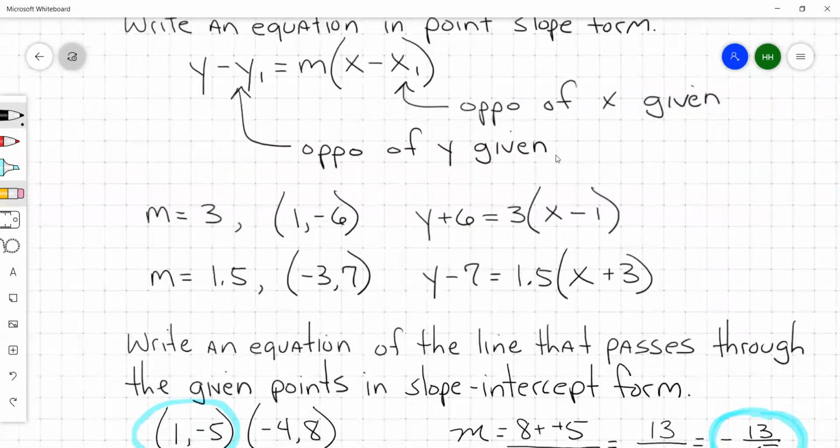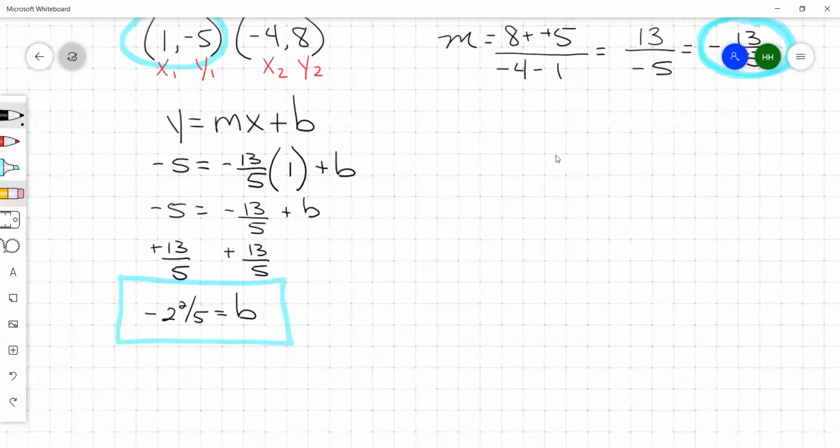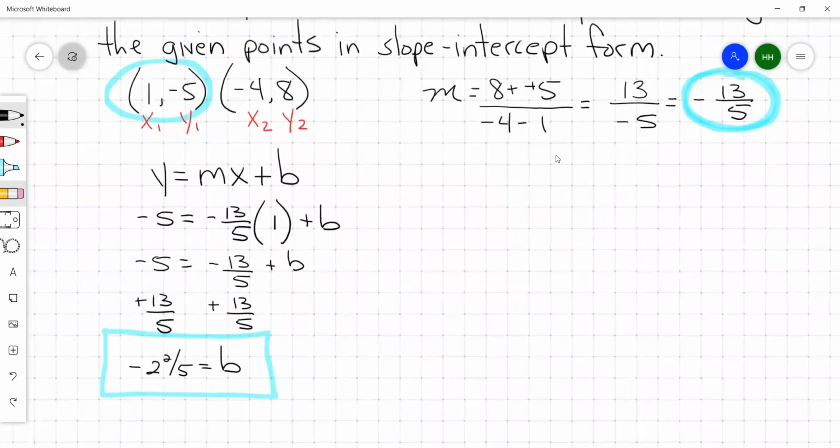Now down here, here's your slope. Here's your y-intercept. So the equation in slope-intercept form is y equals -13/5 x minus 2 2/5.